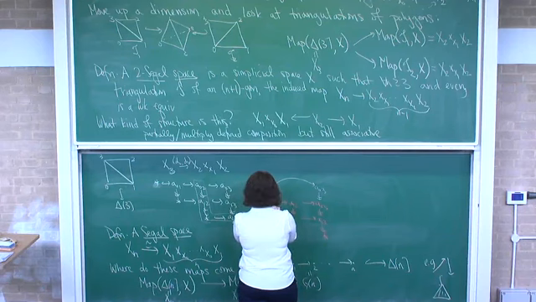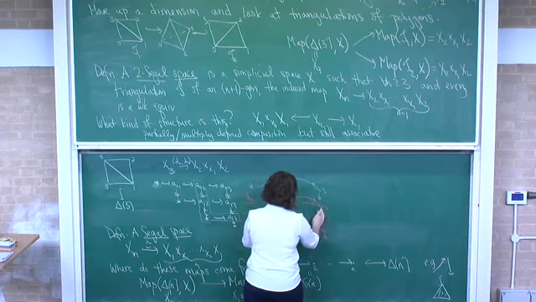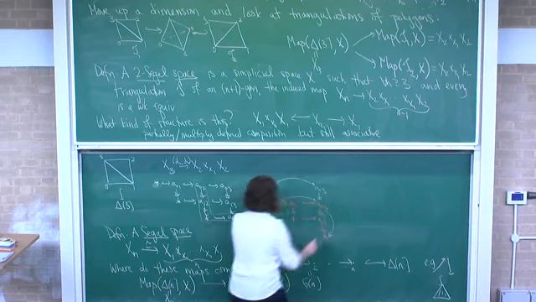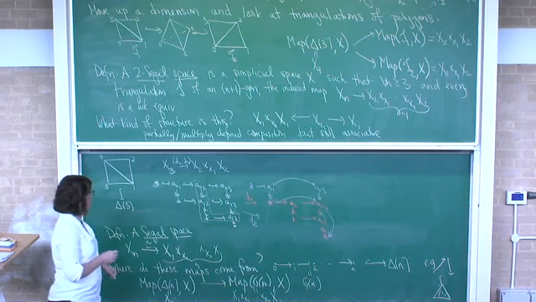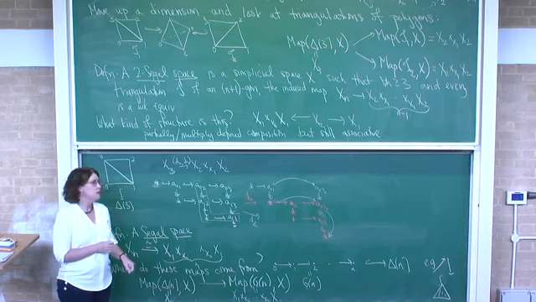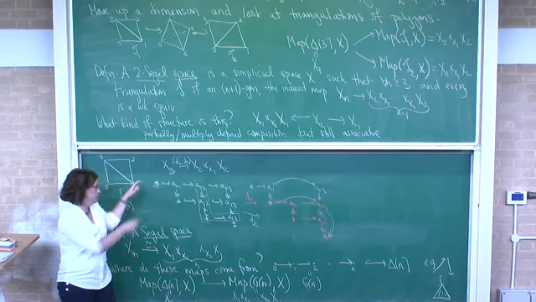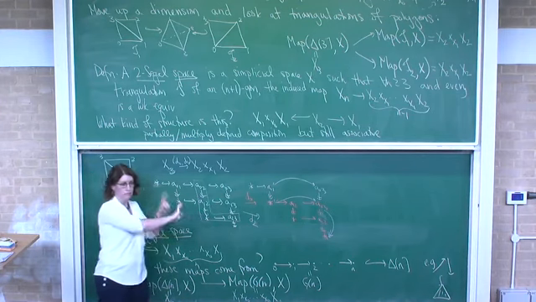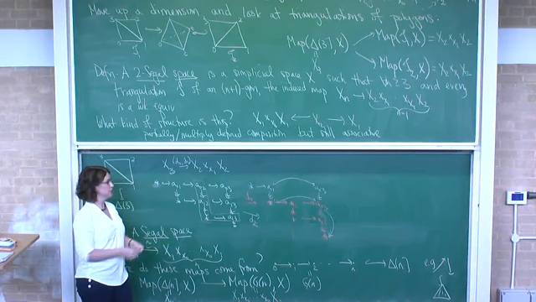I still have this map. Oh, I don't have that one. I have that one. Okay. So, having something in X3, I can just get the pink and the purple diagrams.